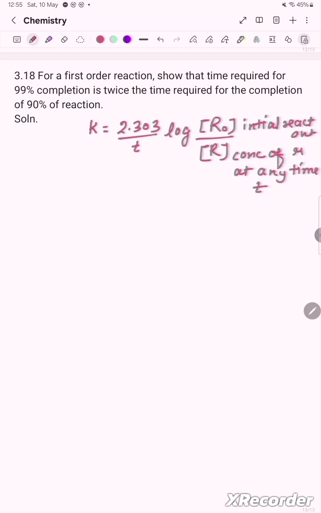Here what the question said, that time required for 99% completion, so we have to prove that time required for 99% completion is equal to twice the time required for completion of 90%.